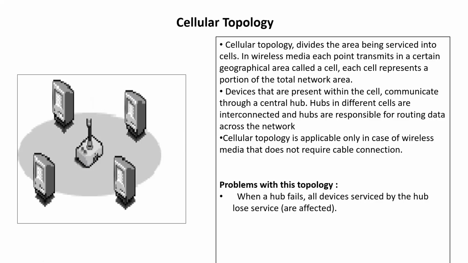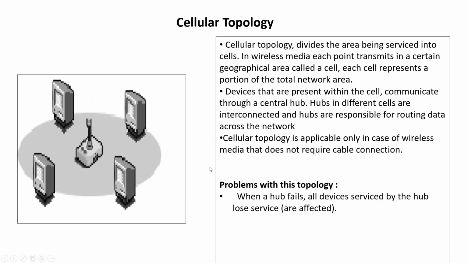If there is a centralized hub, centralized station or any centralized node, we have to write the same problem for each topology. That is, when a hub fails, all devices serviced by the hub lose service or communication. That is the cellular topology problem or disadvantage.